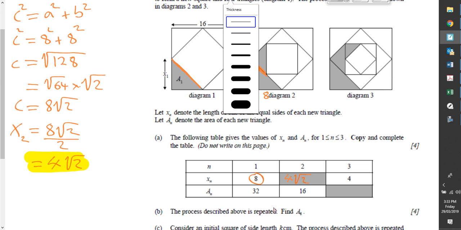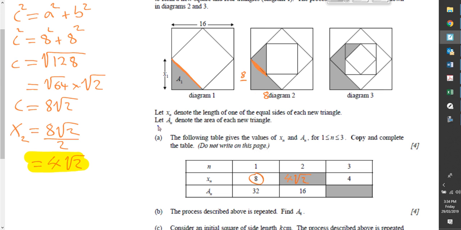All right, so we have the area of our first triangle here, and then we have the area of our second. Now we're looking at the area of our third triangle. So let A denote the area of each new triangle. Now what we recognize here is that we actually have a geometric sequence. Okay, we have a geometric sequence.